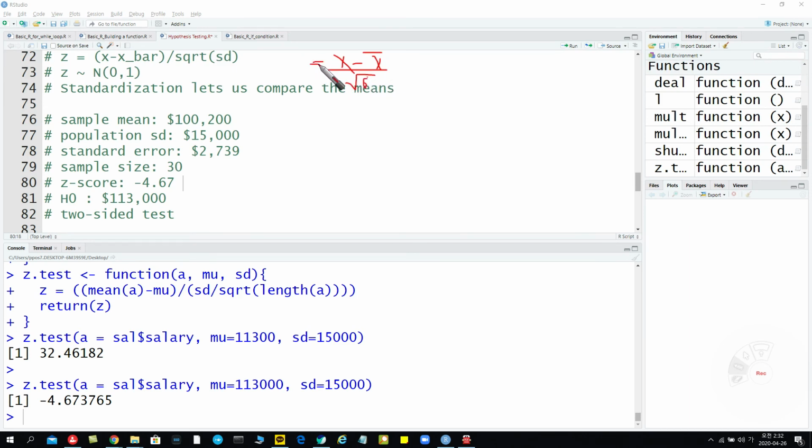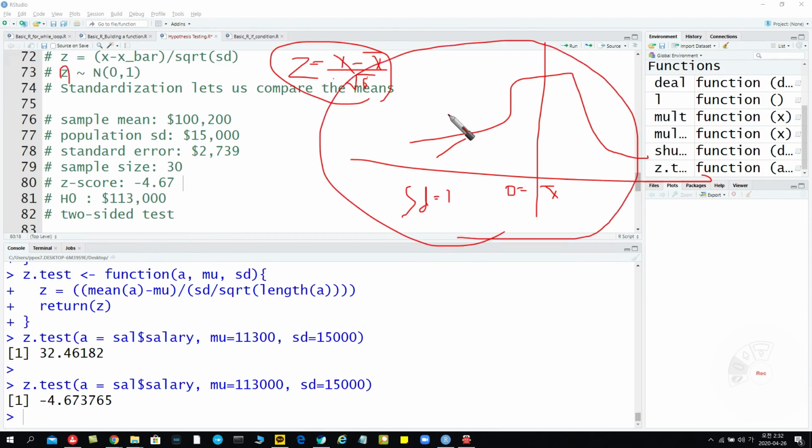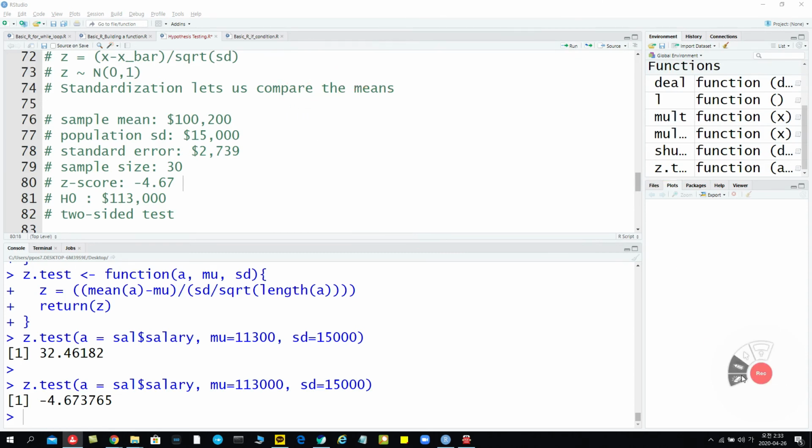If you standardize this normal distribution, the mean is 0 and the standard deviation is 1. This is the standard normal distribution. Standardization lets us compare the means. This is important.